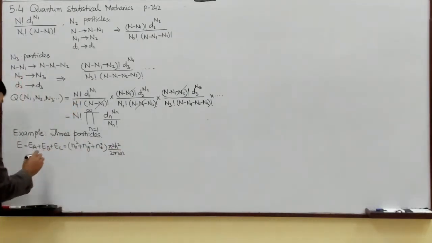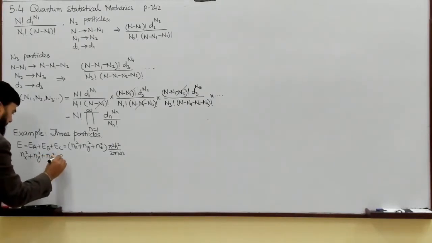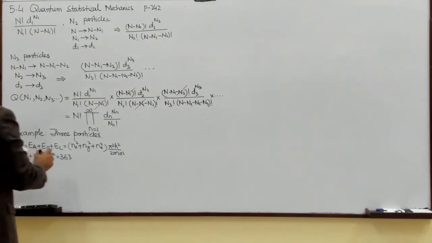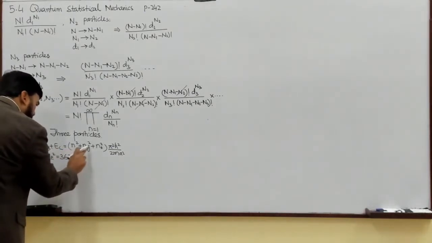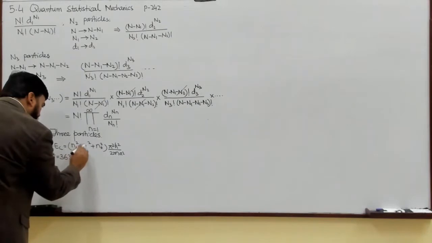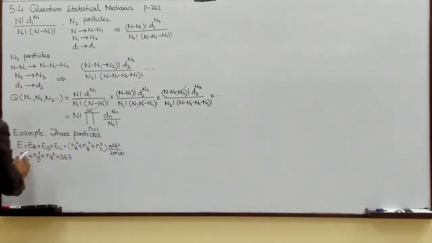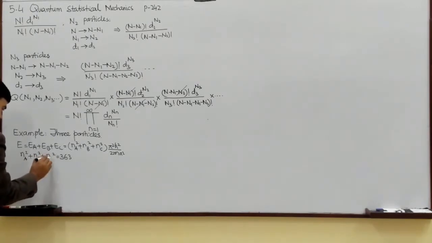And for this we took the example where nx squared plus ny squared plus nz squared is 363. I am considering A, B, C here, so all these will be with A, B and C.